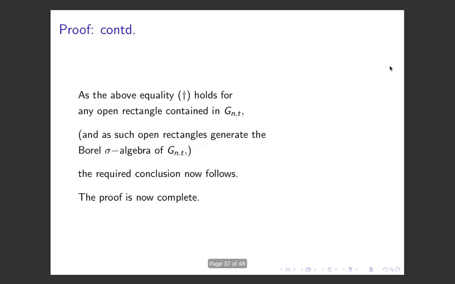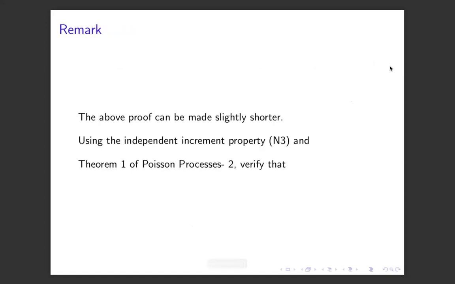I am mentioning that as a remark. For this, you need to use the independent increment property, and in the Poisson process 2 notes, the very first theorem, where we derived the Poisson process. In that, I think there is an equation which gives you the distribution of Nt, marked with an asterisk or something.